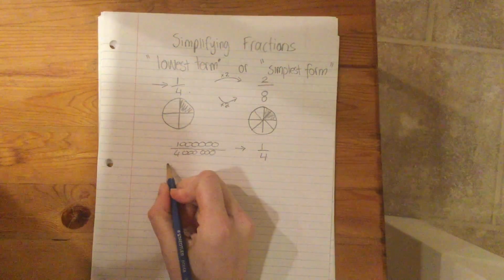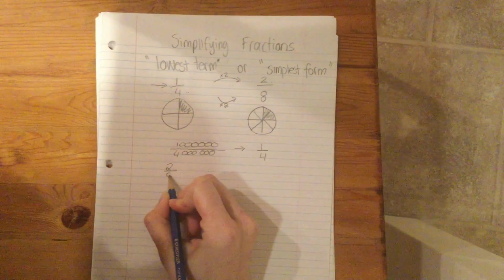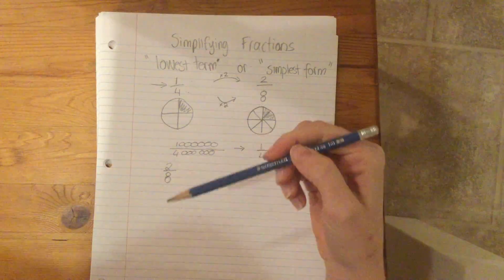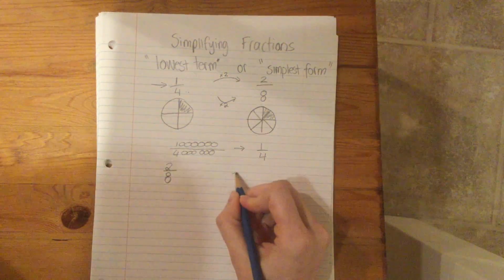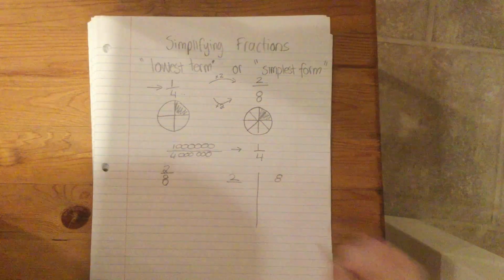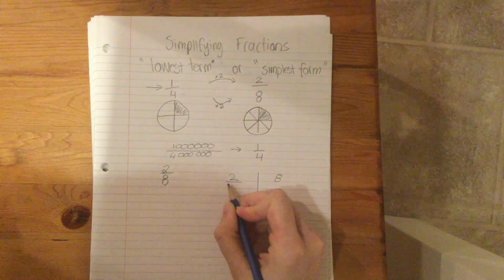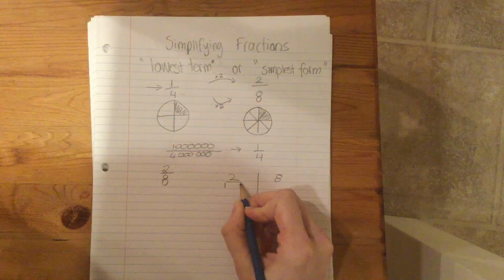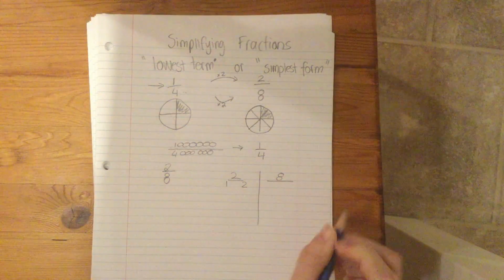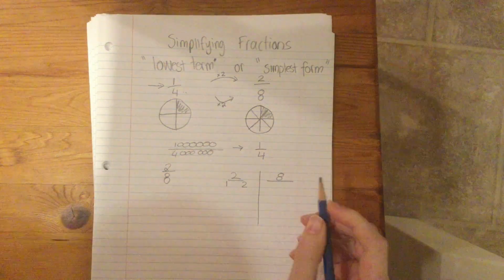In other words, if I gave you 2/8, you would need to find the greatest common factor of both 2 and 8. So the common factors of 2 are 1 and 2. You guys should know common factors by now because you are pros at them.